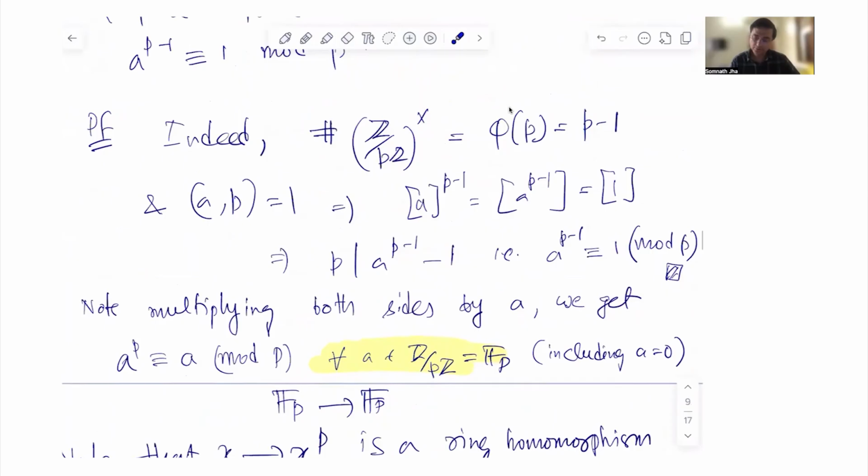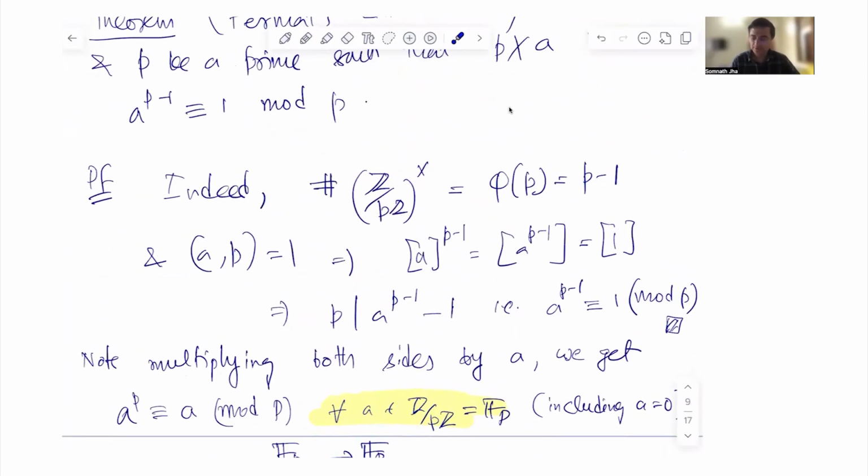So in particular, we saw we can multiply both sides of this by a, then we see that a to the power p is congruent to a mod p for any a coprime to p, or a to the power p minus a is divisible by p for any a which is not divisible by p. But even for a equal to 0, this is satisfied.